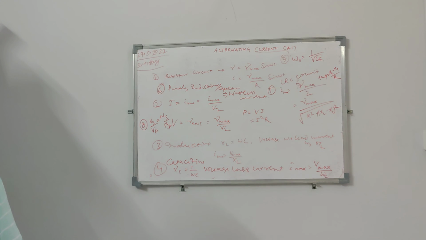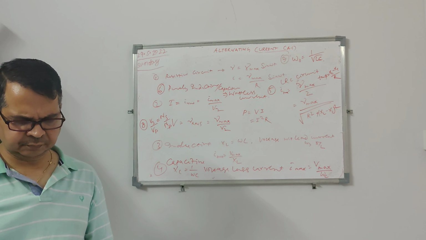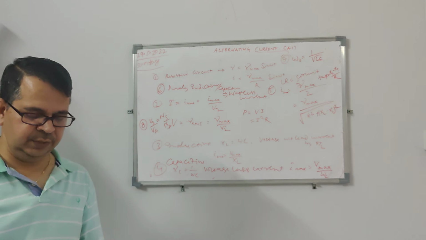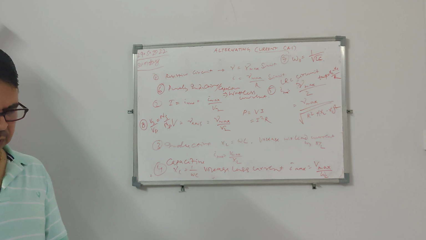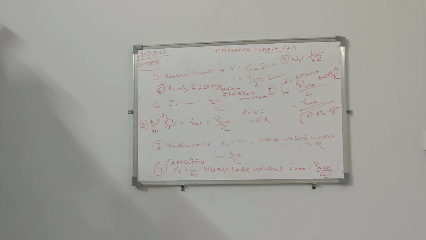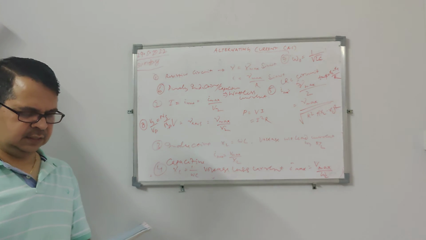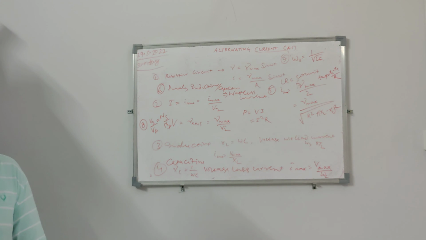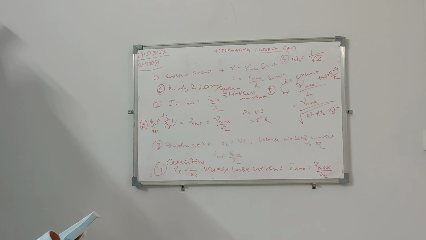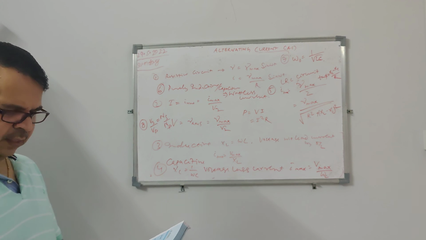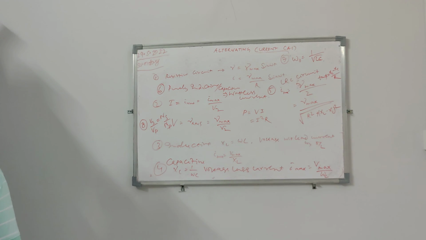Voltage unit is volt, current unit is ampere, reactance, inductive and capacitive, unit is ohm, impedance unit is ohm, resistance unit is ohm, resonant frequency unit is hertz, and power factor is nothing but cos phi. It is dimensionless because cos phi is just a value.